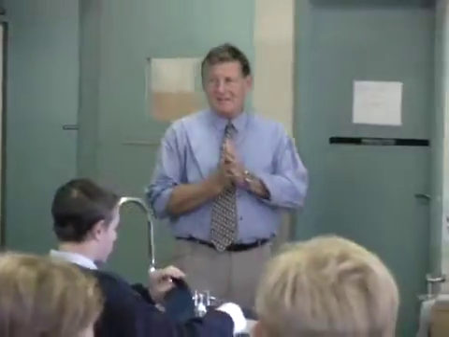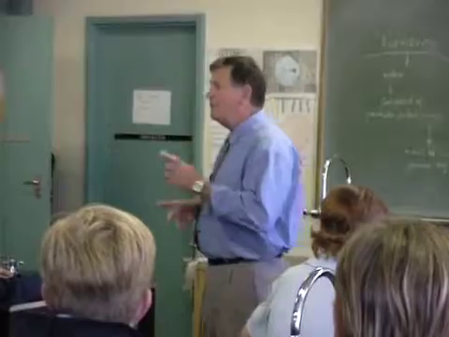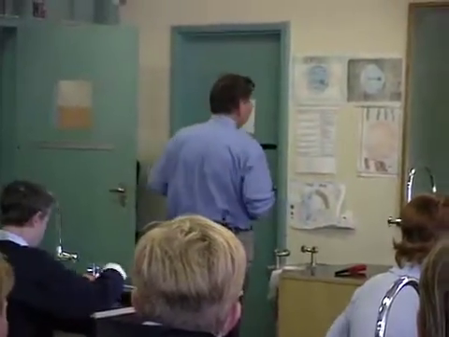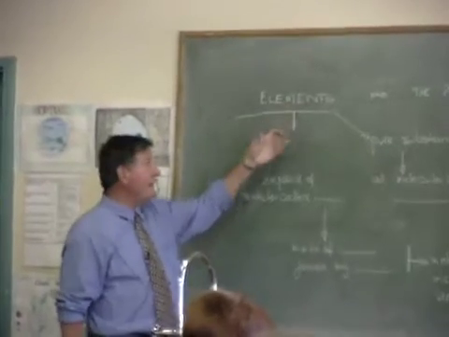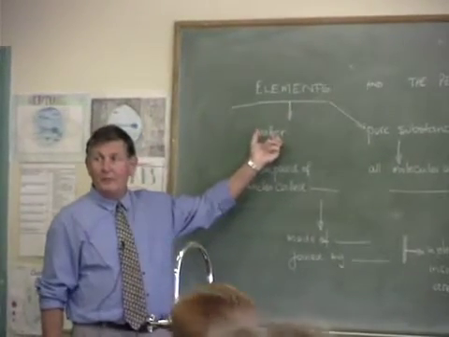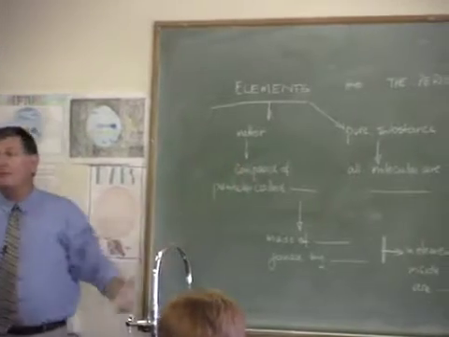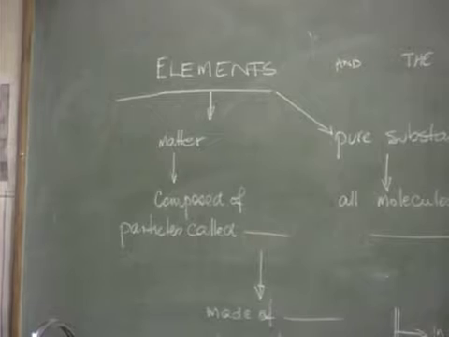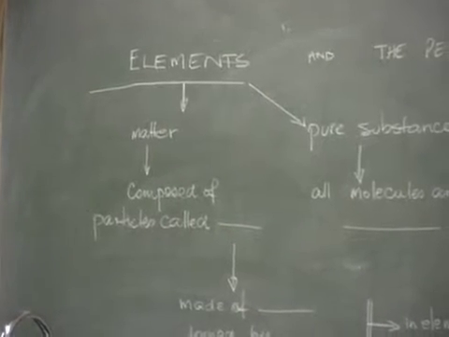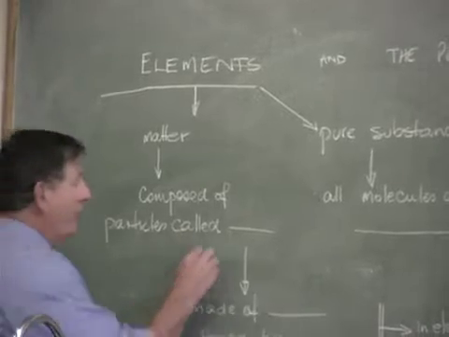Righto, ladies and gents, let's go back over yesterday. We talked about elements in the periodic table. We said that elements are matter. They are therefore composed of particles. These particles are called molecules.